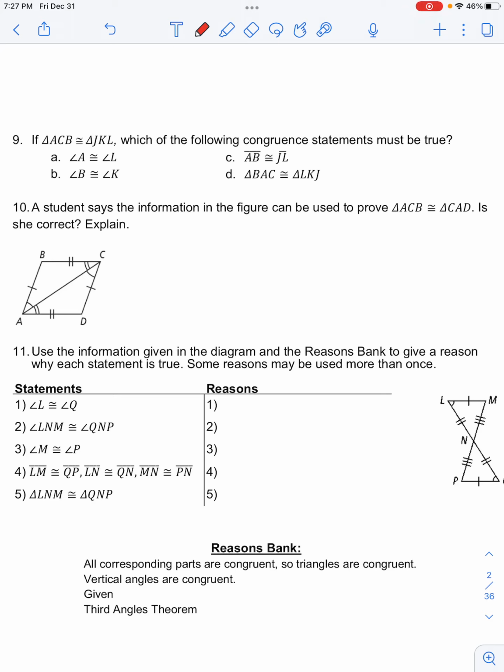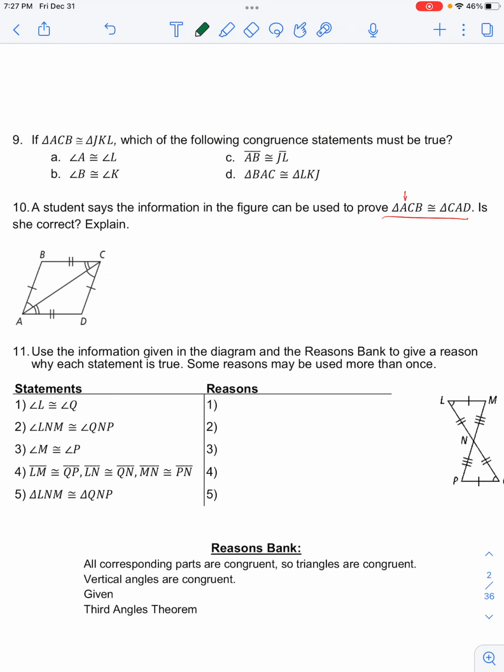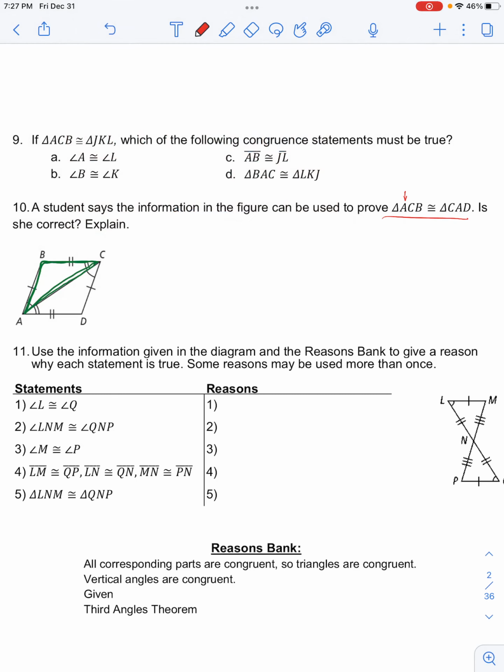So we have, if this is to be true, then angle A of the first triangle, so we have the first triangle given here, ACB, and the second triangle is CAD.